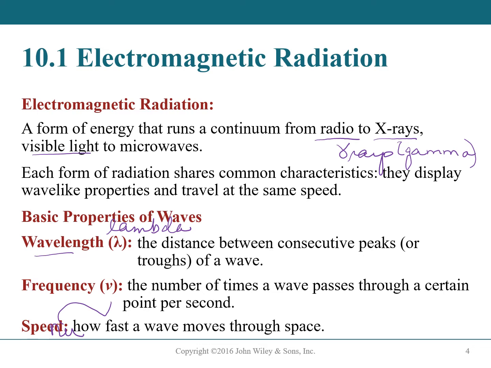This is how fast, for light or electromagnetic radiation, a wave moves through space. And this is basically for electromagnetic radiation 3 times 10 to the 8th meters per second. In English units, you'll see it is about 186,000 miles per second.